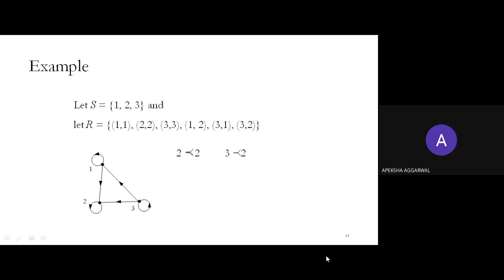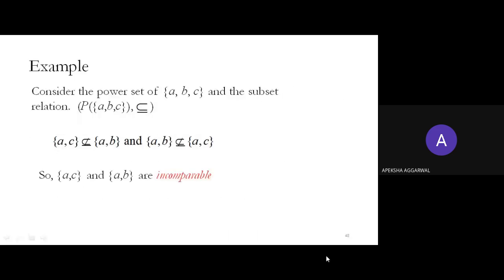Now check for 1, 3, 1, 2, 2, 1, 2, 2 and 2, 3, all are there. Suppose anything that is not belonging here, suppose 4 was also there and neither 3, 4 is there nor 4, 3 is there, that means it is incomparable. Clear, online students?